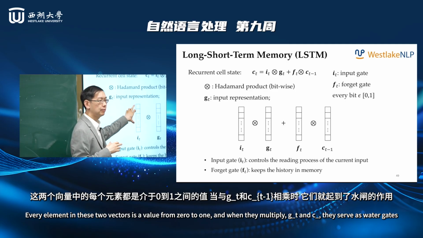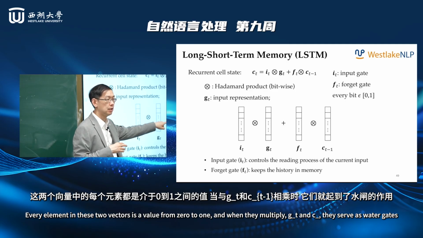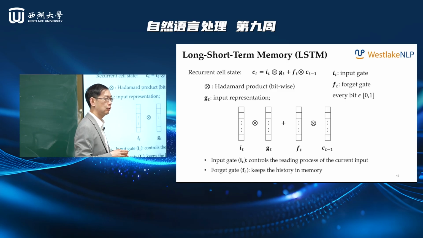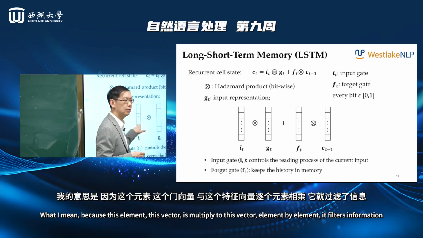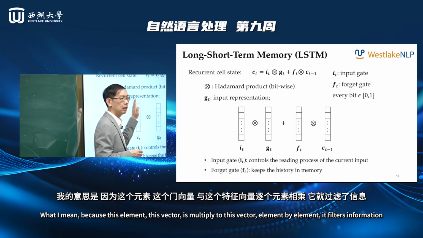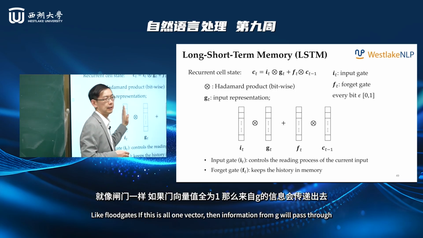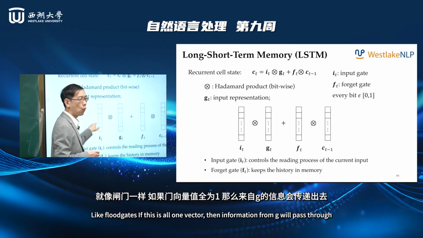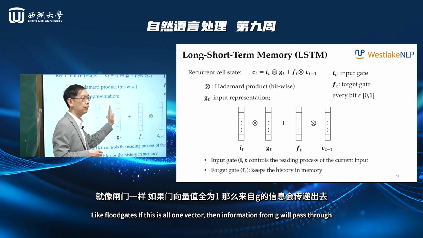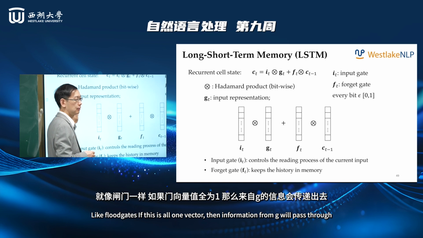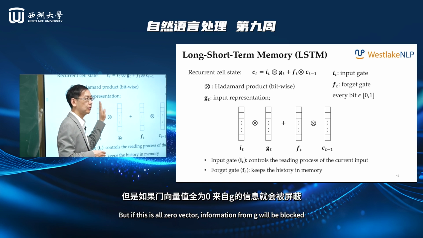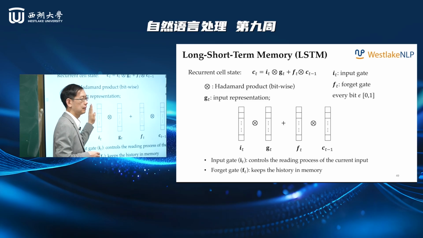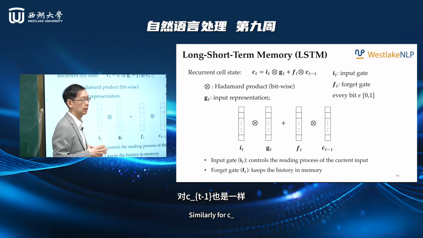And when they multiply G and CT minus 1, they serve as water gates. What do I mean? Because this vector is multiplied to this vector, element by element, it filters information, like floodgates. If this is an all 1 vector, then information from G will pass through, right? But if this is an all 0 vector, information from G will be blocked. Similarly for CT minus 1.